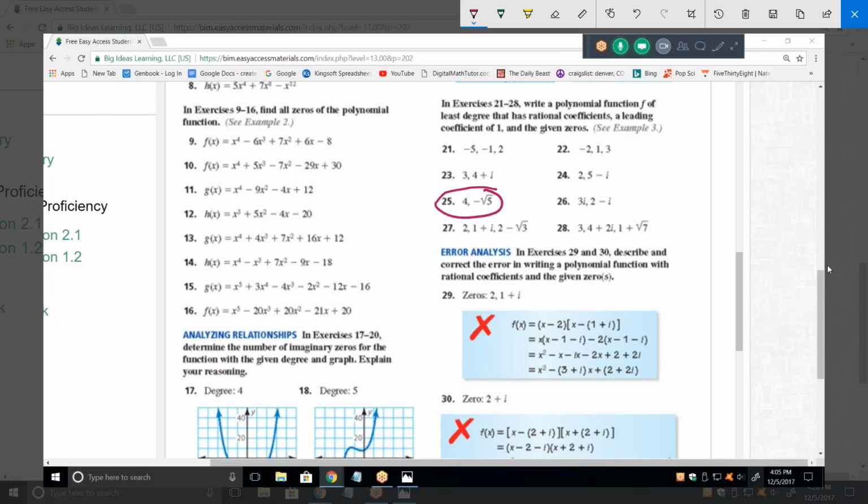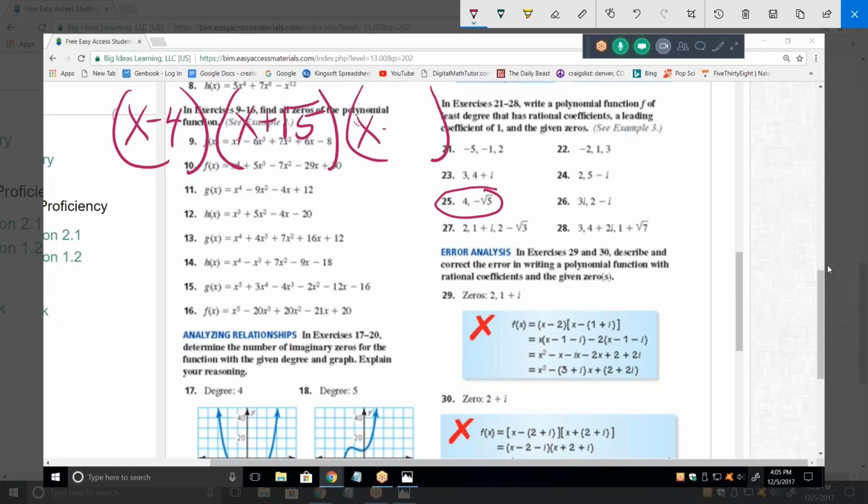Okay. Tell me my factors. So x minus 4, and then x plus square root of 5, and then x minus the square root of 5.